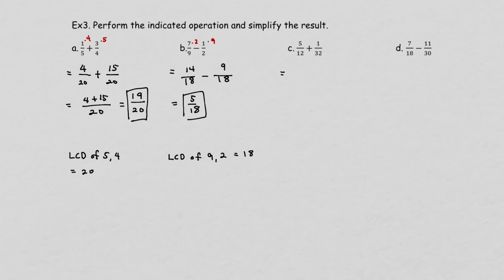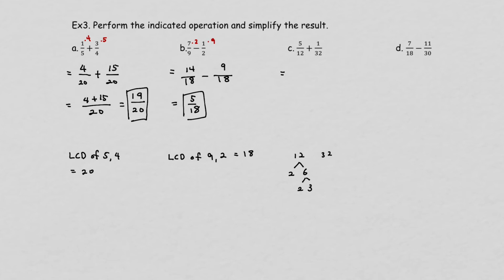What about this one? This denominator value is a little larger. So same thing, we want to find the least common denominator of 12 and 32 this time. So I will see what's common between these two numbers by factor tree, right? So 12 is 2 times 6. 6 is 2 times 3.